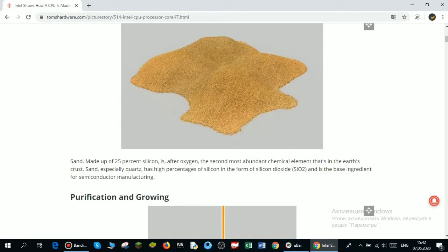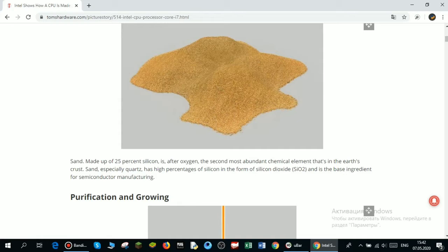Sand, especially quartz, has a high percentage of silicon in the form of silicon dioxide, SiO2, the base ingredient for semiconductor manufacturing.